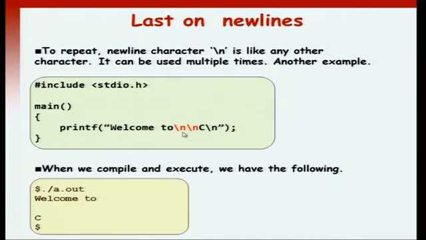So I have repeated occurrences of \n in the same message. It will print the message "welcome to", then it will print a new line, and then it will print another line, and then it will print C followed by a new line. So when you run the program, you will have welcome to, new line, then a blank line, then C, and then another line.